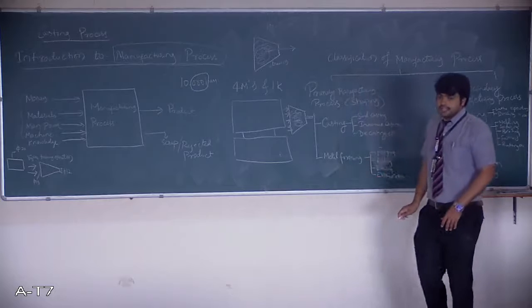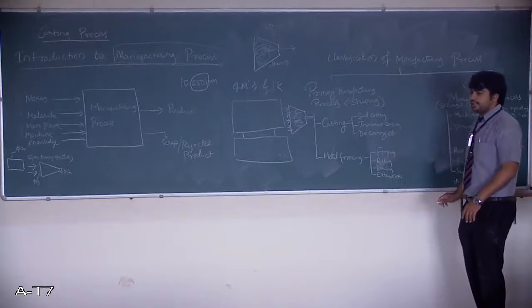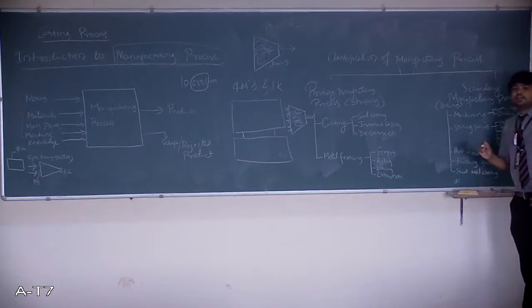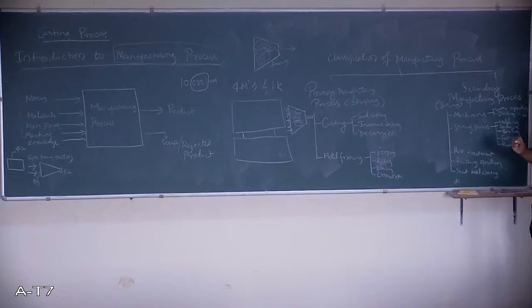As I explained in the earlier section of the lab, lathe is considered to be the mother of all machines, as we can do a number of operations using this lathe machine. Then drilling operation.